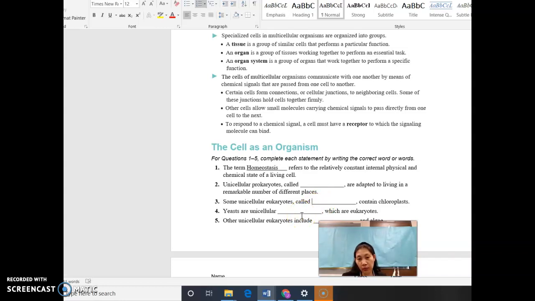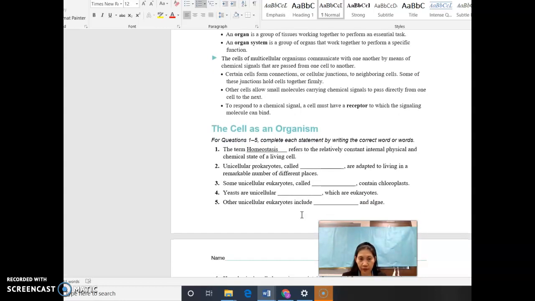Yeasts are examples of fungi. Okay, they are eukaryotes because they are fungi. Then number 5, what other unicellular eukaryotes? Algae and some protozoans. Okay, some protozoans.